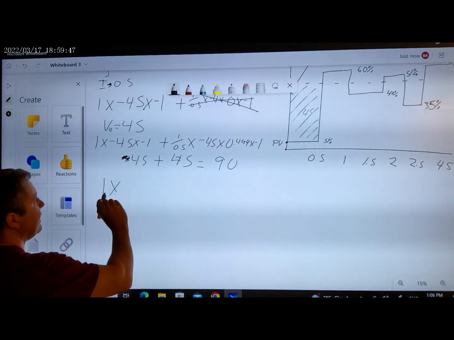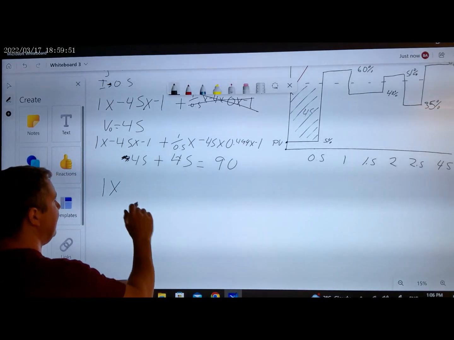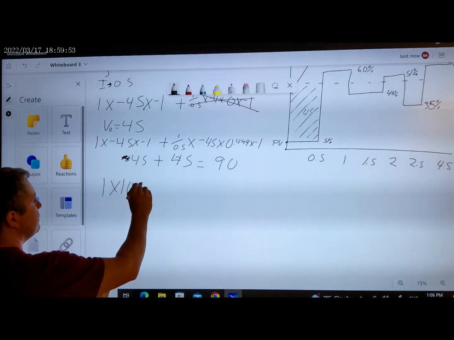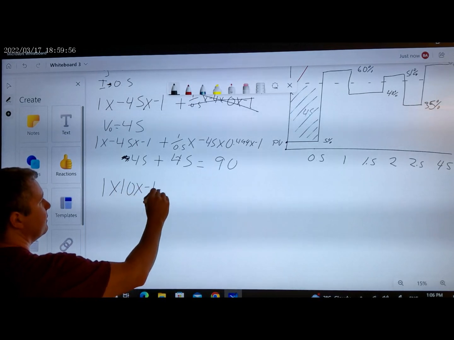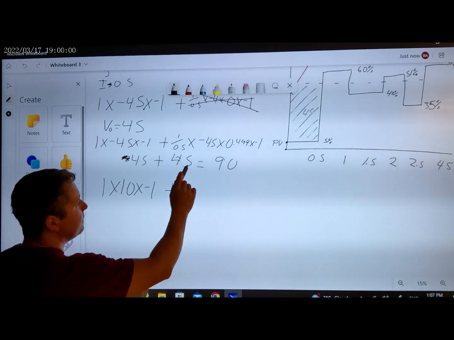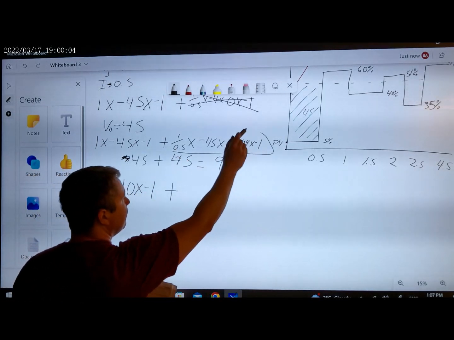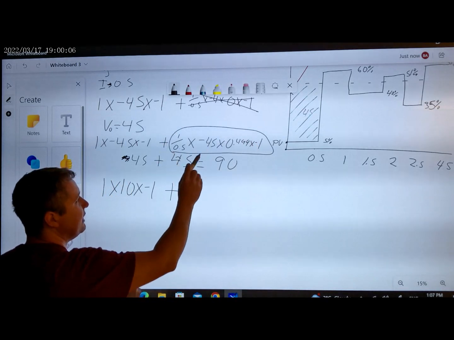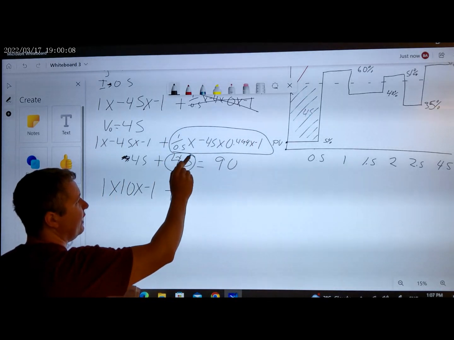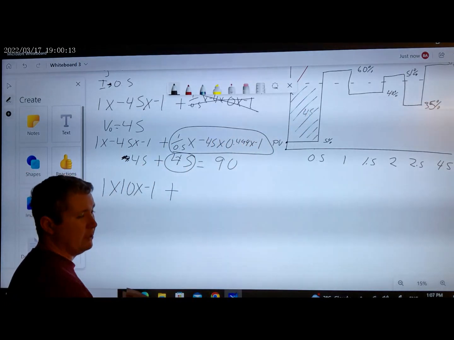1 times our new error of 10 times minus 1 plus, now this equation right here, that gave us 45, and that was here. We're not going to put that calculation down here and do it again.